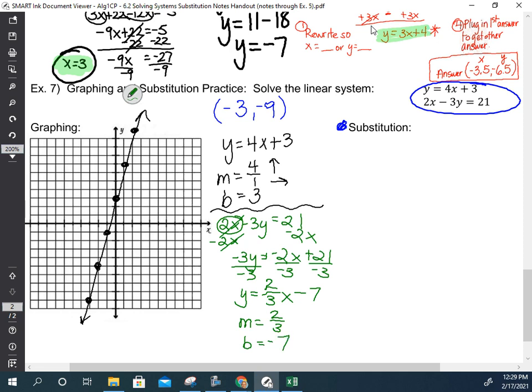Go to the y-axis. Put your dot on -7. Go up 2 to the right 3. And draw your line.